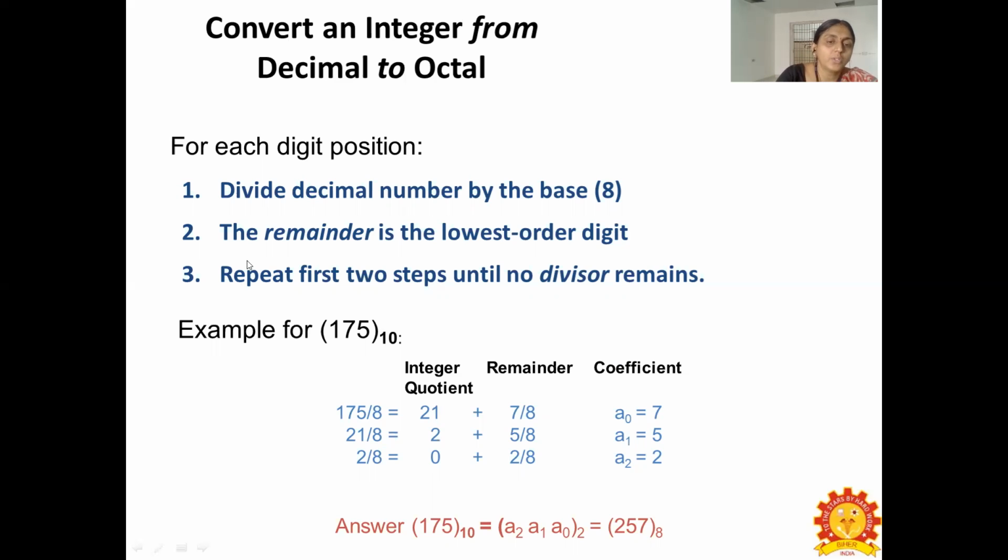Followed by that, the quotient 2 is divided by 8 where the quotient is 0. So here the A2 coefficient value is 2. Now we take from the most significant bit, that is A2 which is 2, followed by A1 which is 5, followed by A0 which is 7. So the corresponding octal representation for 175 in decimal form is 257 in octal form.